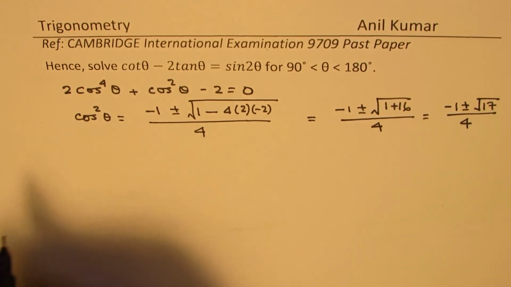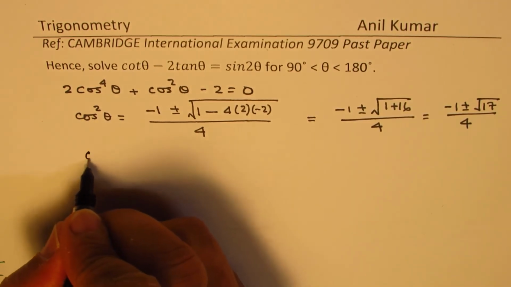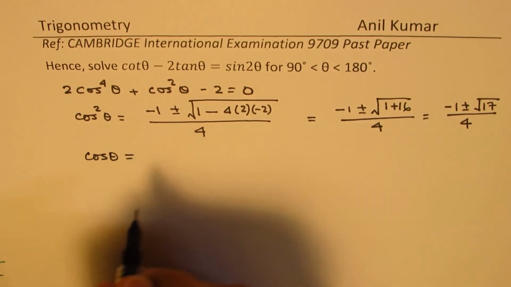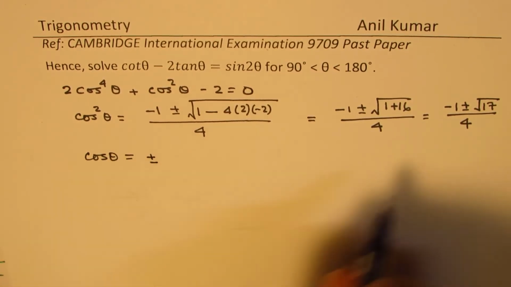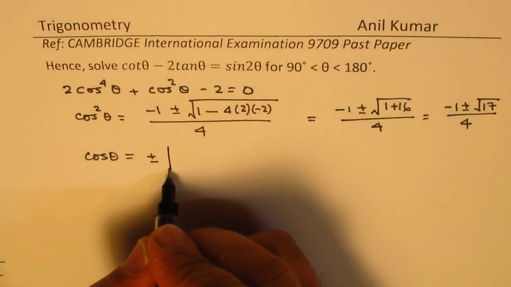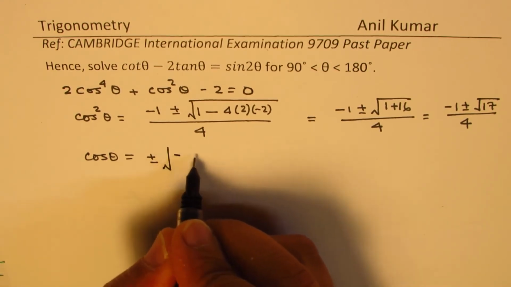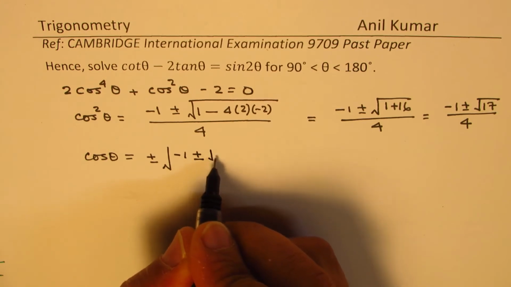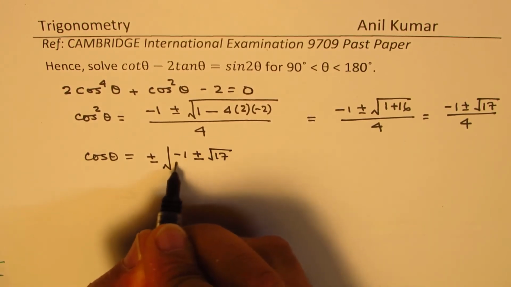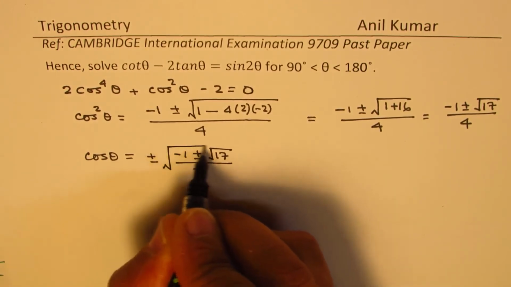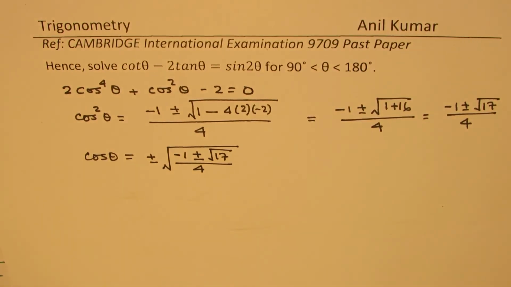So we get two values of cos theta from here. So cos theta is equal to plus or minus the square root of all this, minus 1 plus or minus square root of 17 over 4, whole square root, right? Now let's calculate this value.